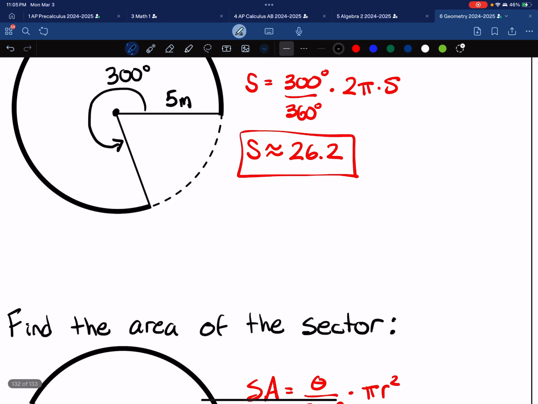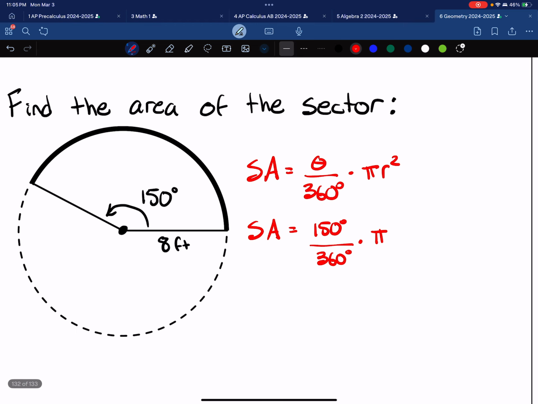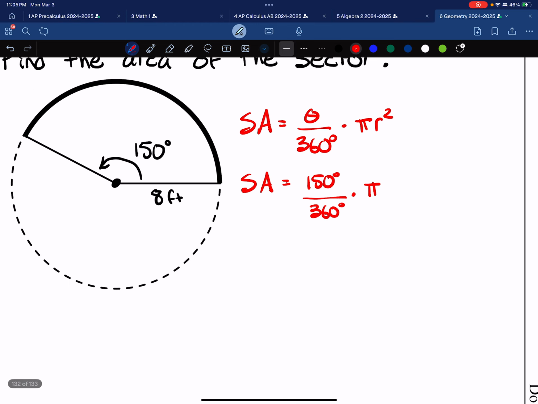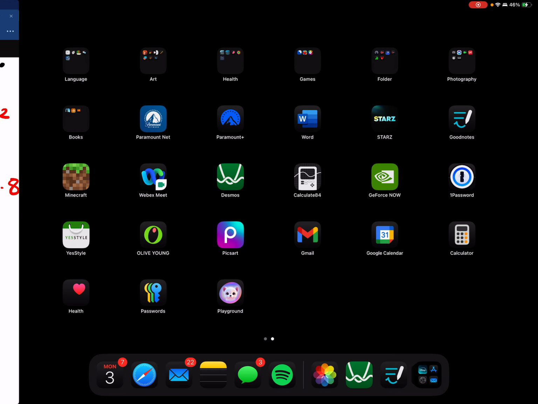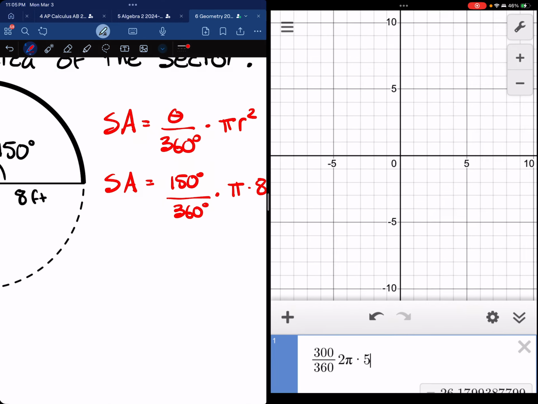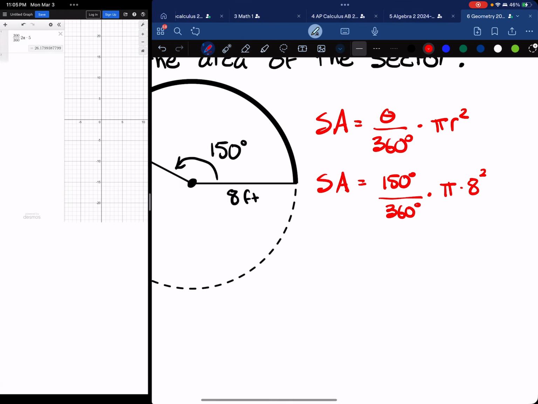And I noticed that my last answer did not include my units. We have to be careful with units now. So if it says meters, we should probably say meters on here as well. We should say meters, and now I want to box that work. Down here, let's say it's 8 feet. So it's going to be pi times 8 squared. From here, I just need to, again, use a calculator. Let's go ahead and split the screen, and we're going to pull up our Desmos calculator.